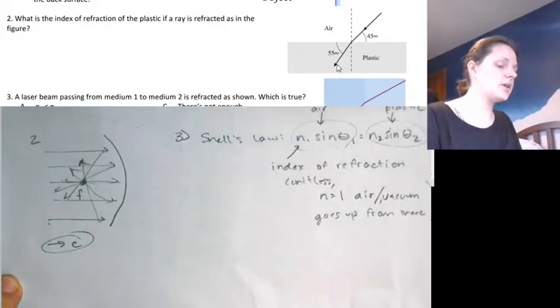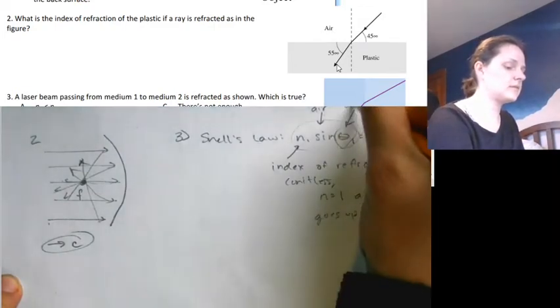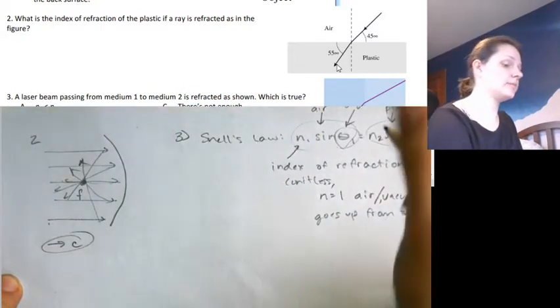Theta is the angle of incidence, and we always measure the angle of incidence relative to the normal.